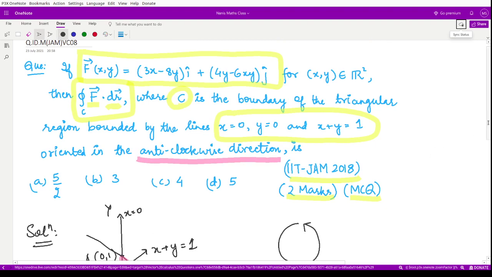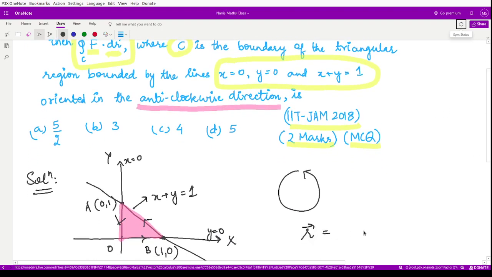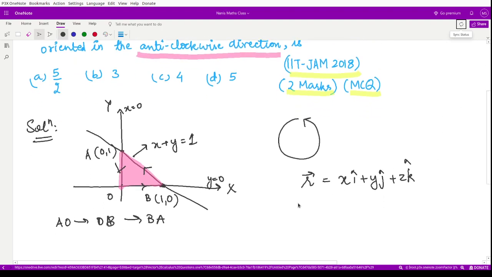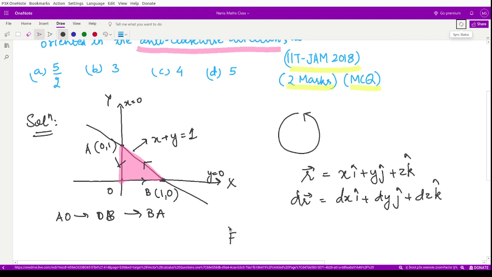Now you know what the position vector r is. The position vector r in 3 dimensions is given by x i cap plus y j cap plus z k cap. Accordingly, the derivative of this position vector would be dx i cap plus dy j cap plus dz k cap. So this is the vector dr. Now let us compute this vector f dot with the vector dr. So what is vector f? That is given to you as 3x minus 8y i cap plus 4y minus 6xy j cap.